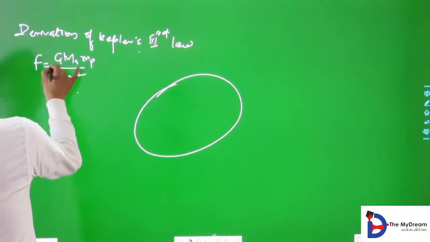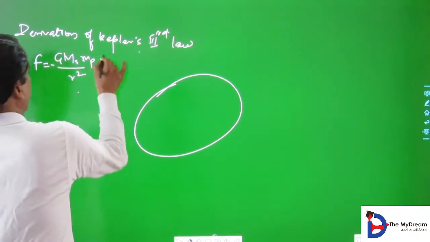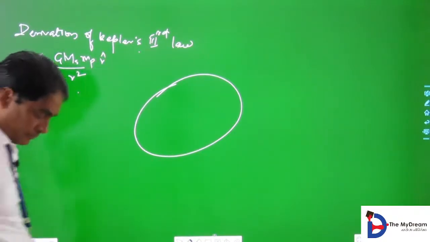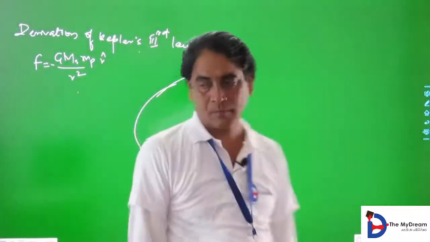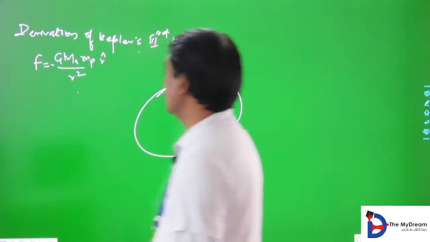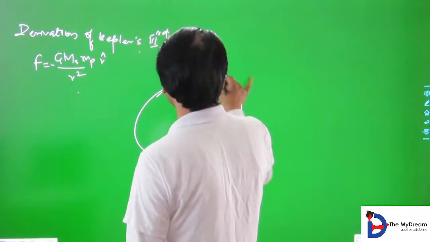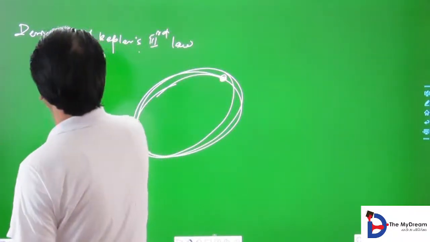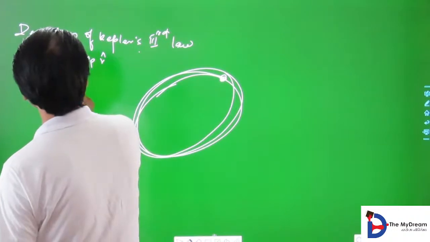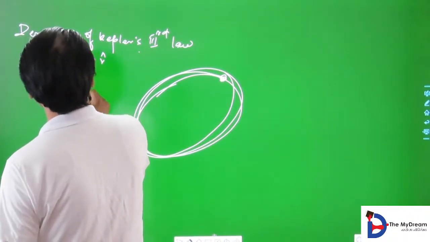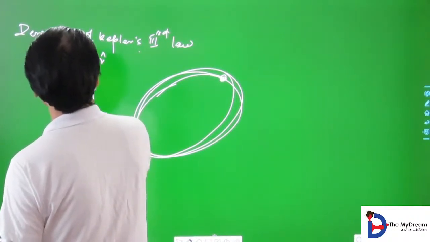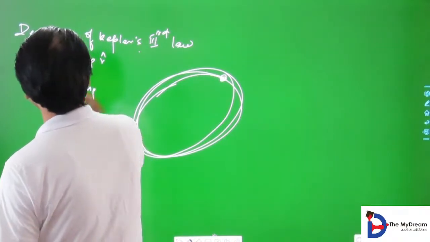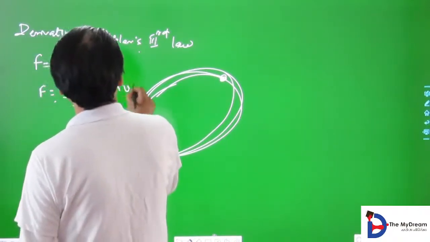Minus sign तो ये indicate करता ही है it is for attraction, and as it revolves like this, the centripetal force works, mv.